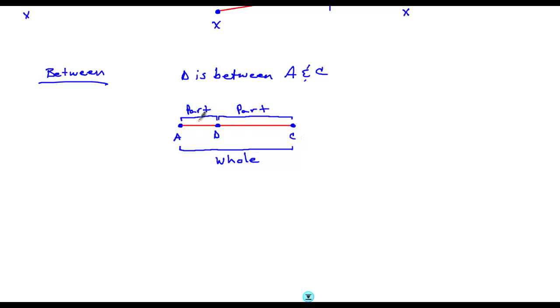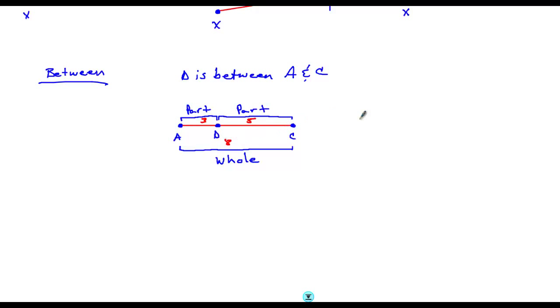What that tells us is that this part plus this part equals the whole. So if this part here, for example, we'll write some numbers on here, let's say that this was 3, and this was 5. You would know that this entire segment from A to C was 8, right? Because 3 plus 5 is 8.